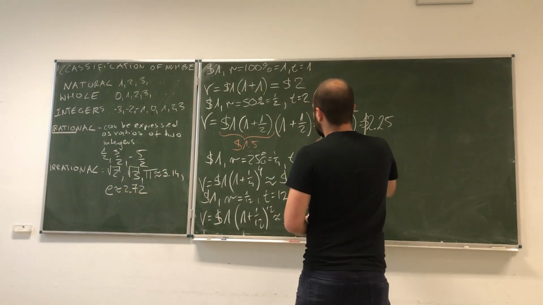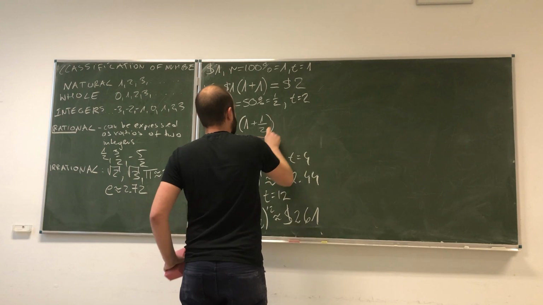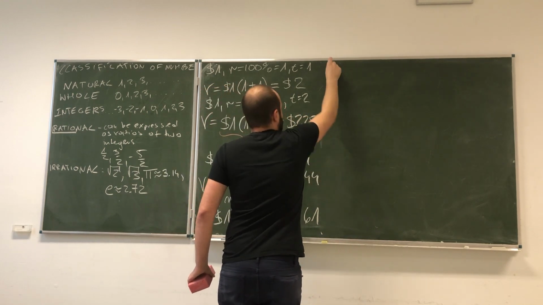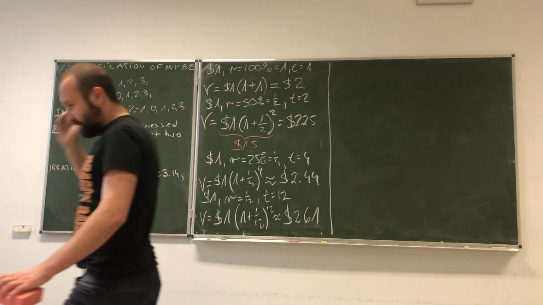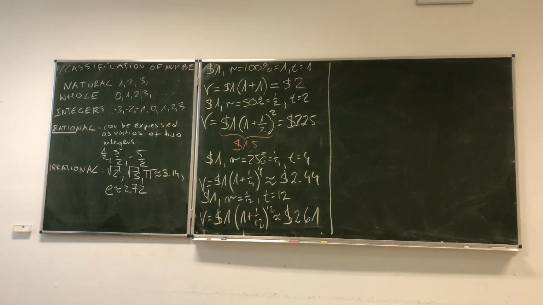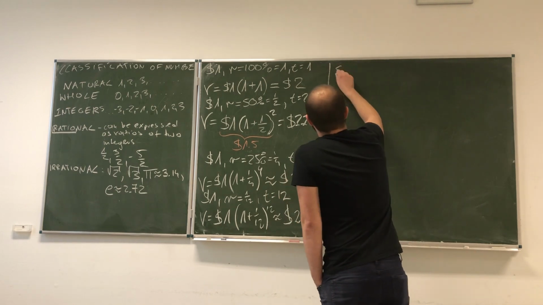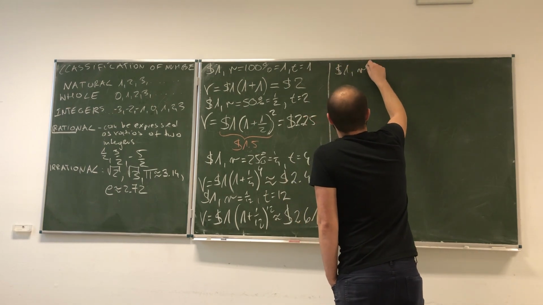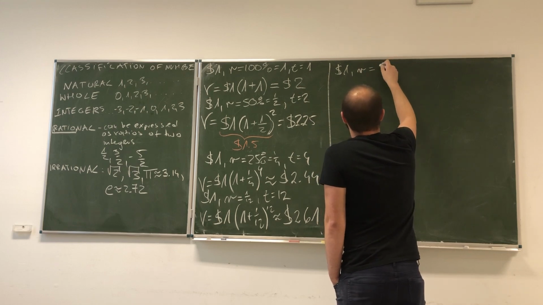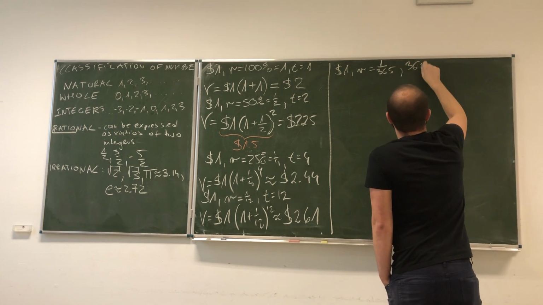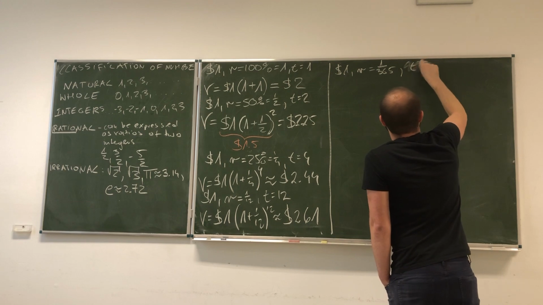Okay, well, let me just erase this. We already know the formula, so we'll just keep it this way. Okay, and I hope you can actually see what is going on over there, but let's move further. Look, what now if we still have $1, but interest rate is daily interest rate, 1 over 365 days, and we have 365 capitalizations.